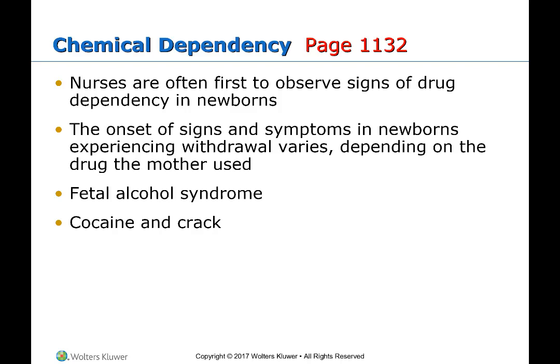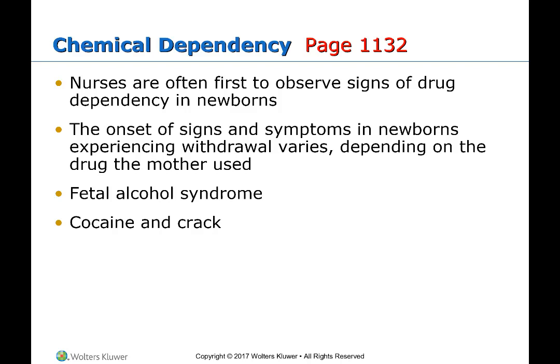So usually using it for, I guess, their own benefit. So what can this do to the baby? So the baby is going to be at high risk for many complications.